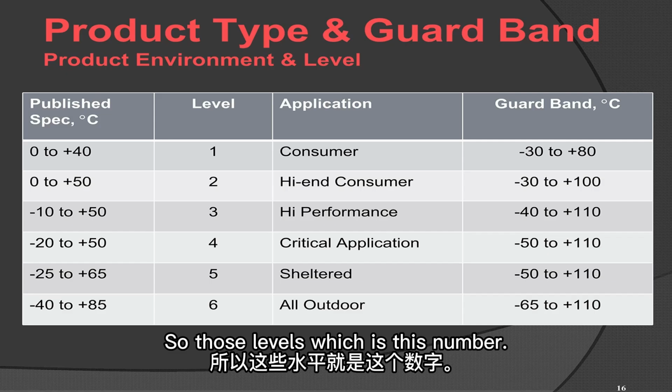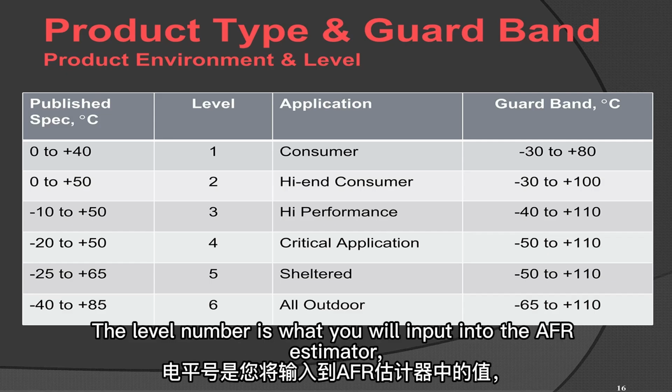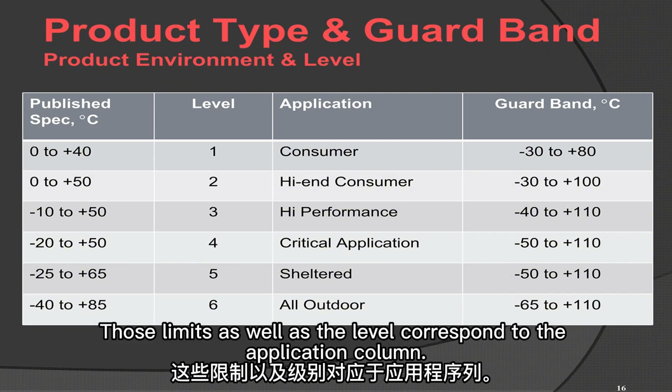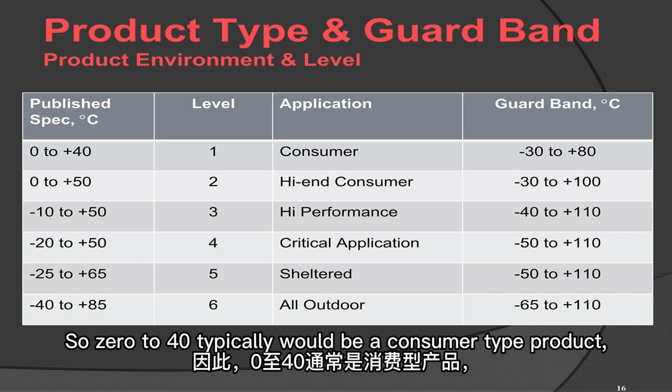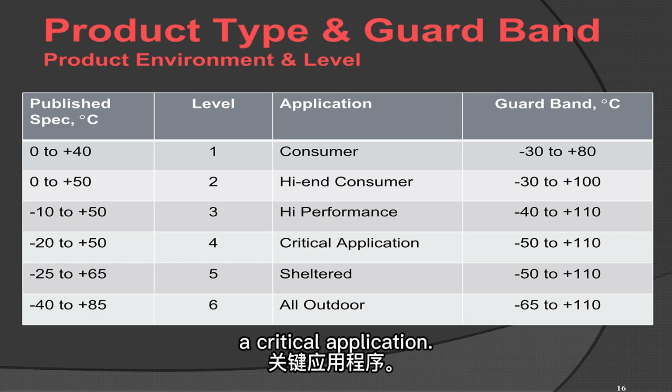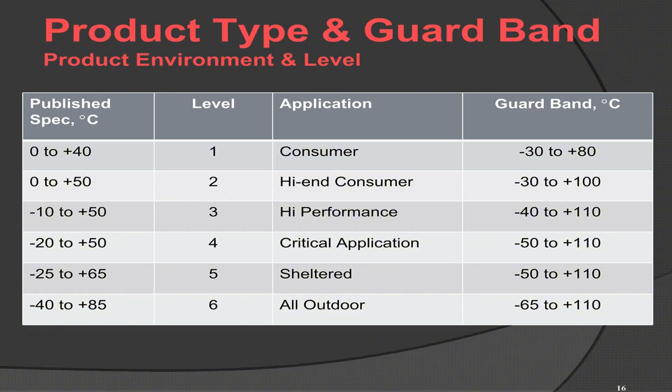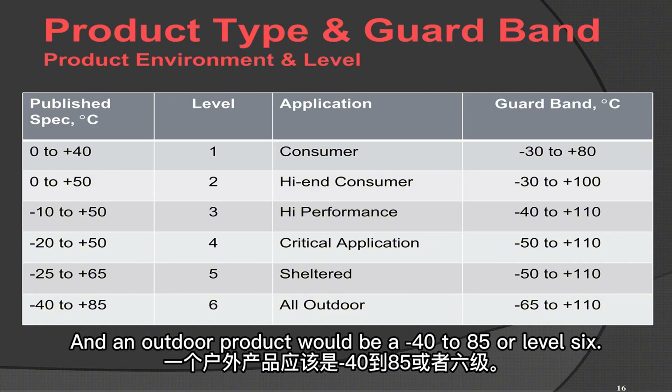So those levels, the level number is what you will input into the AFR estimator, and those limits as well as the level correspond to the application column. So 0 to 40 typically would be a consumer type product. A critical application, for instance, a medical type device would be a level 4, minus 20 to plus 50. And an outdoor product would be a minus 40 to 85 or level 6.